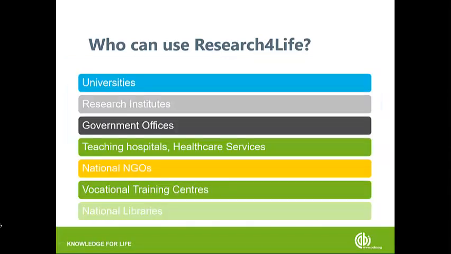Institutions can register, the local not-for-profit or research institutions like universities, research institutes, government offices, any healthcare offices, hospitals, NGOs, vocational training centers, and national libraries. I know that most of you are Research for Life users, but if you know any other institution who is eligible, please encourage them to register for Research for Life.